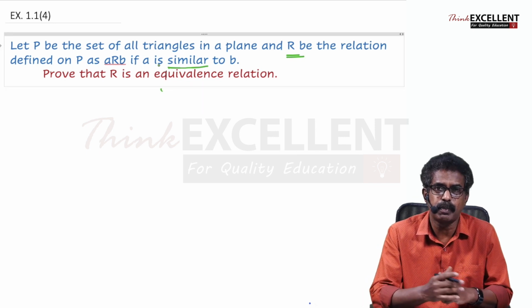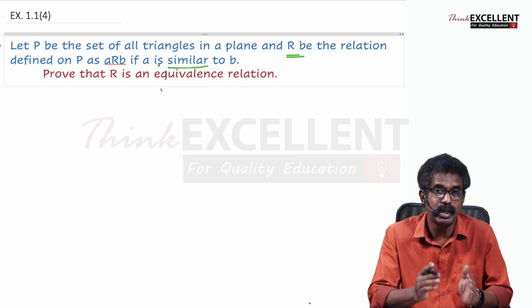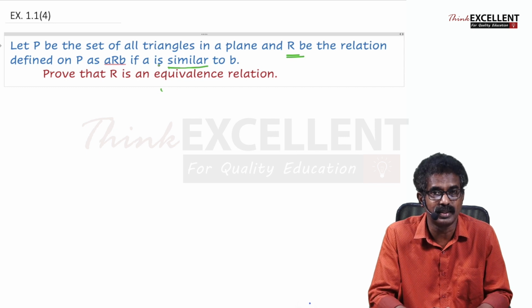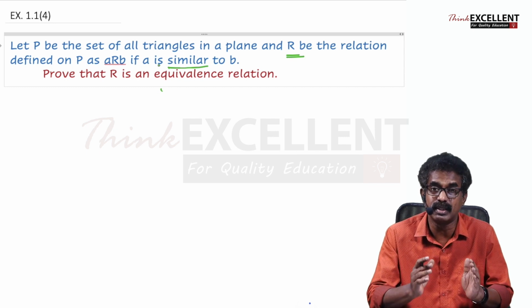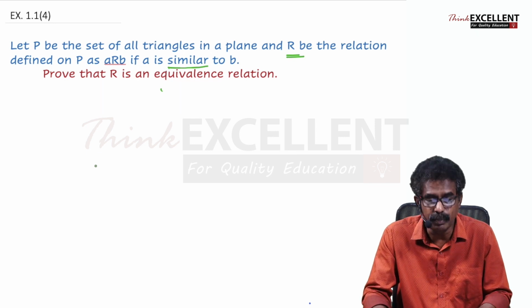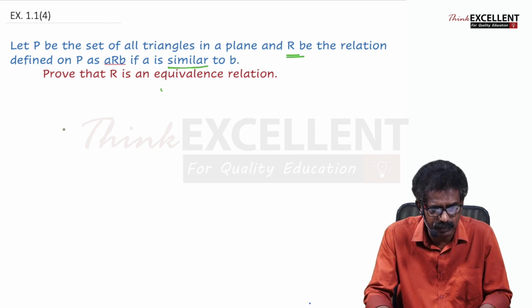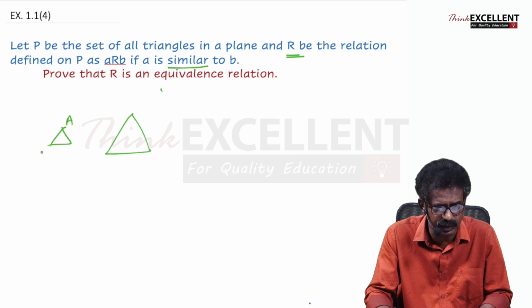So listen, some properties of triangles, similar triangles and congruent triangles. Questions they may ask like that also. So what's the difference between similar and congruent? Similar means same shape but different size. Suppose ABC is a triangle and PQR is another triangle, and they are similar.